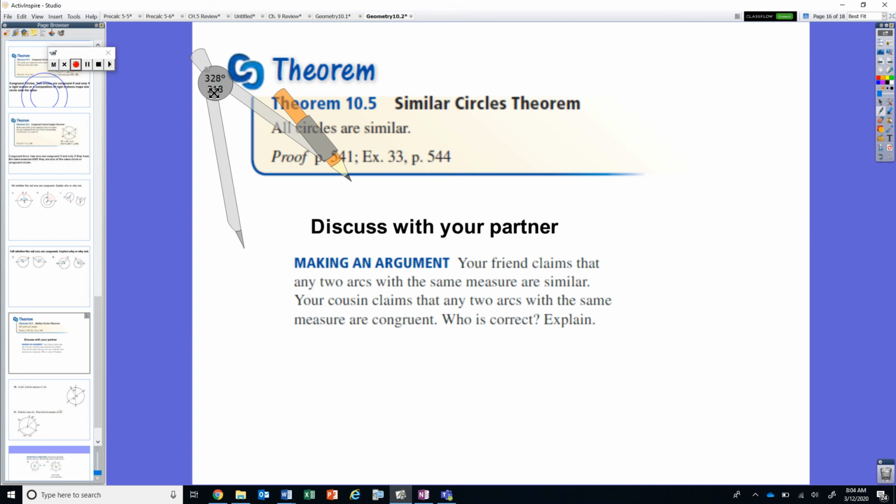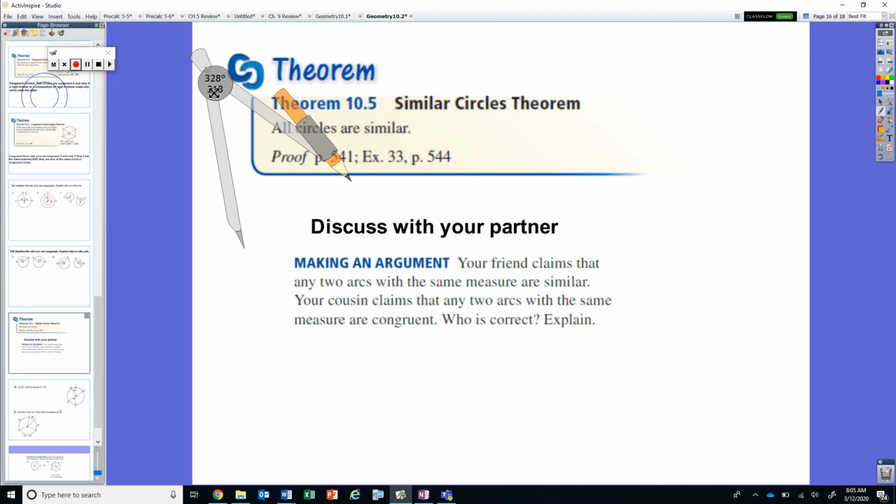So ultimately, what do you think? Your friend claims that any two arcs with the same measure are similar, but your cousin claims that any two arcs with the same measure are congruent. The reality is your friend is correct, because if they have the same arc measure, they could be similar circles, right?